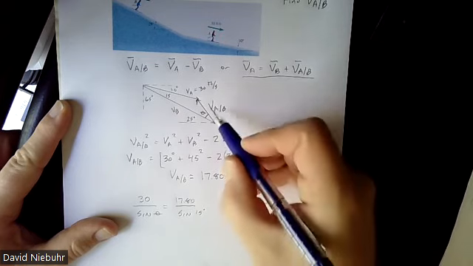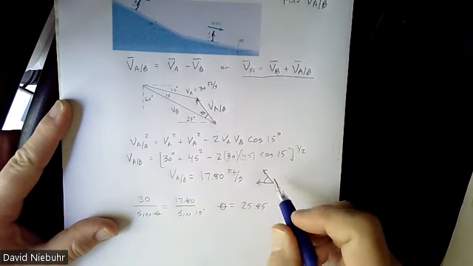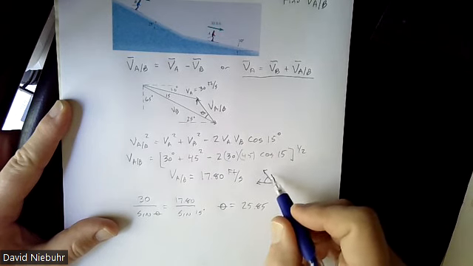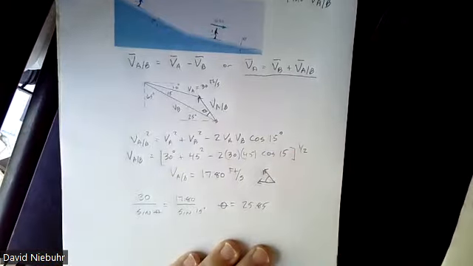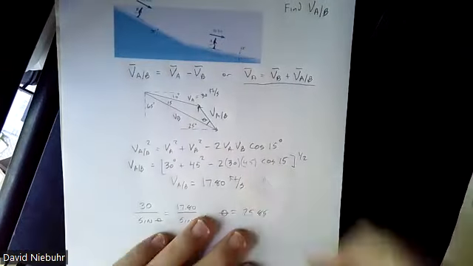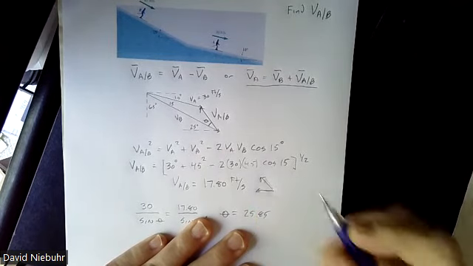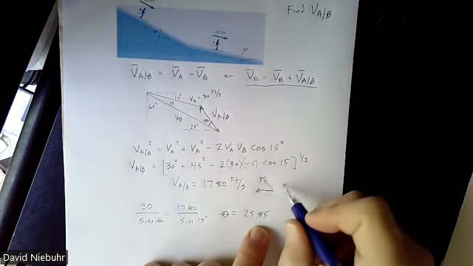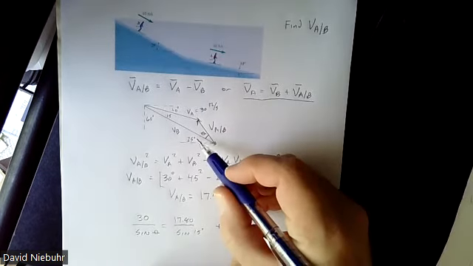Remember, when we do direction, we always do it to an X or Y axis. So the whole entire angle, let me rewrite that a little neater, will be 25.85 plus the 25 here.